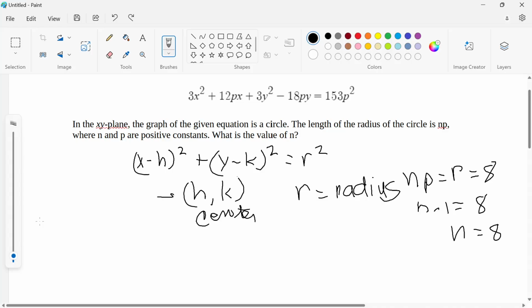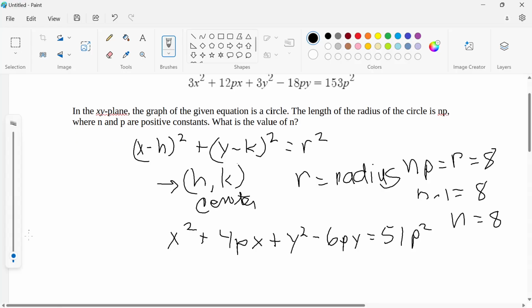So first I need just a 1 in front of the x squared, so I'm going to divide everything by 3. It's x squared plus 4px plus y squared minus 6py equals 153 divided by 3 is 51p squared.